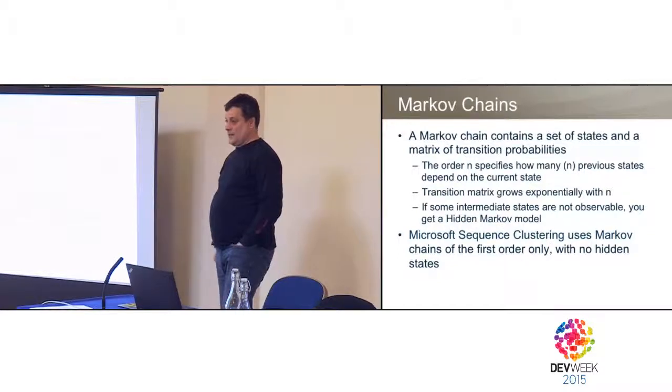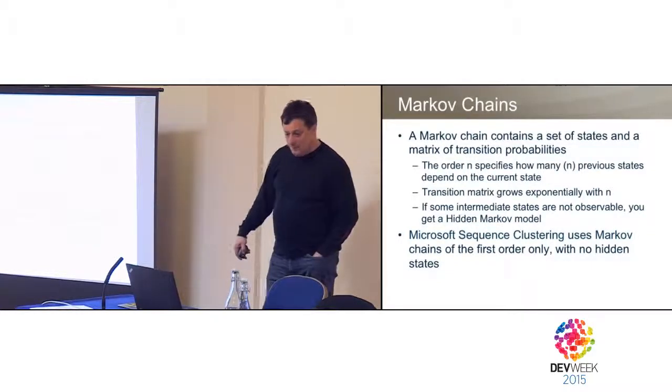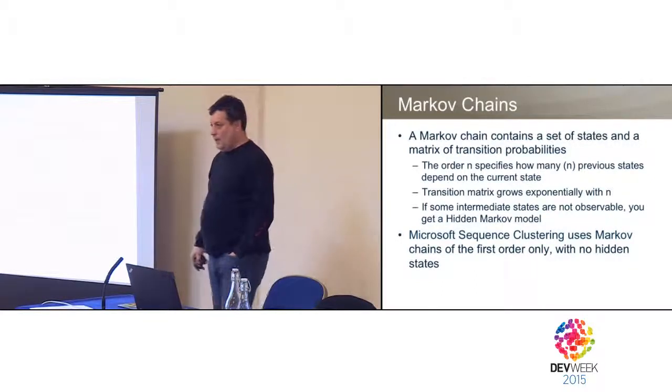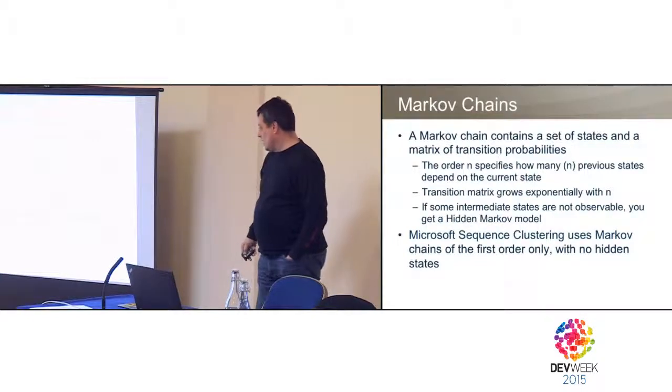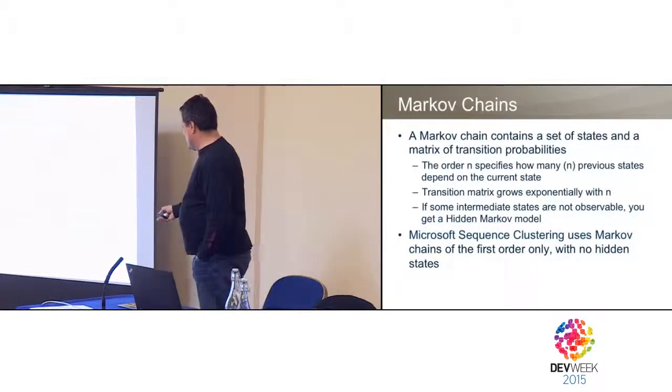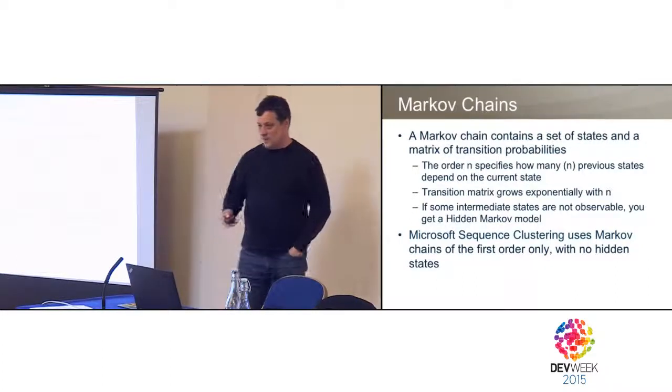And if some states are hidden, you cannot see them, you just know that they are there, then we have a hidden Markov model. This can become extremely complex. Fortunately, Microsoft sequence clustering uses Markov chains of the first order only, with no hidden states.